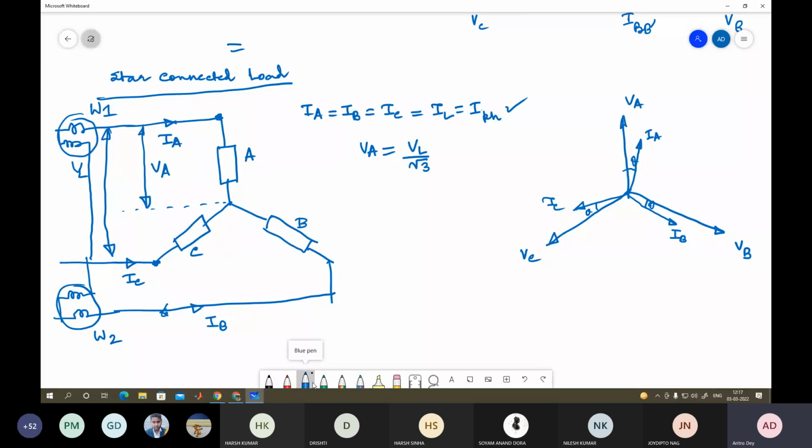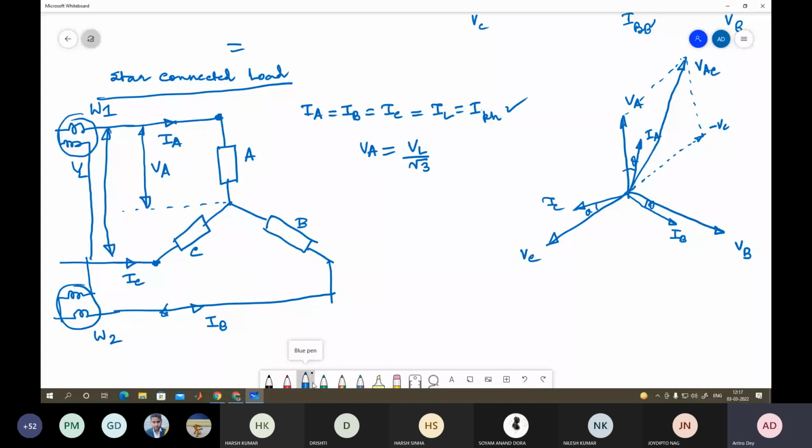Then now this measurement of voltage is VAC. So between A and C, we take minus VC this side, and we complete this phasor sum of this minus VC, and then this is equal to your VAC.